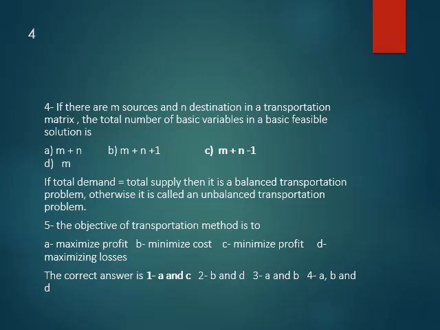The correct answer for question 4 is C, m plus n minus 1, and the correct answer for question 5 is A and B, maximizing profit or minimizing cost.